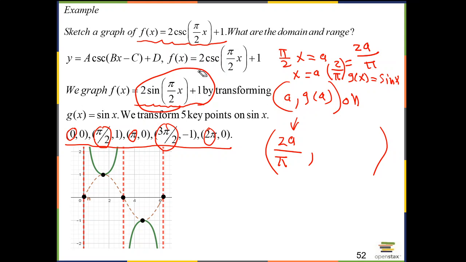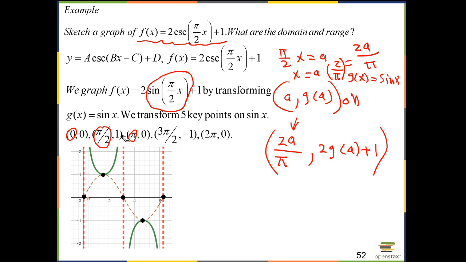And for the y coordinate, as we discussed before, you have to think of this as g of a. So what happens to g of a? You multiply it by 2 and add 1. So all of these points now are going to get transformed using that.